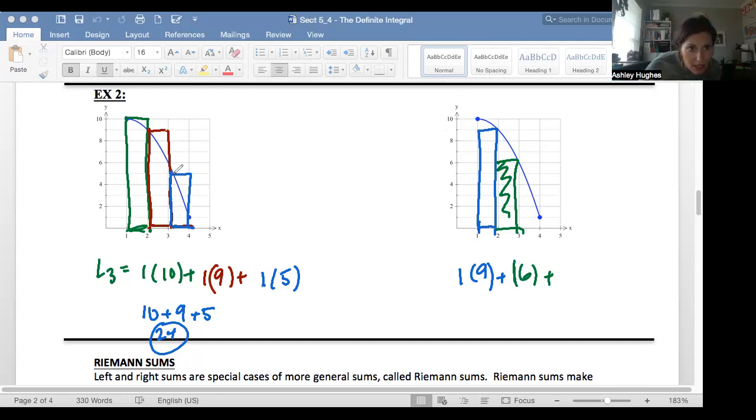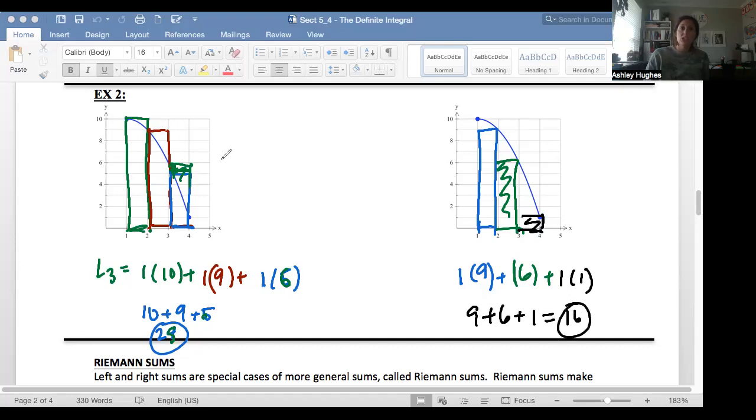At 3, we're at, but it's 6, and I drew that wrong. Maybe that was supposed to be 6, and I think I drew it wrong, so this would be 25. I think I just didn't quite see that that was at 6. Okay, and then the last one would be 1, and then 1. So 9 and 6 and 1, we got 16.